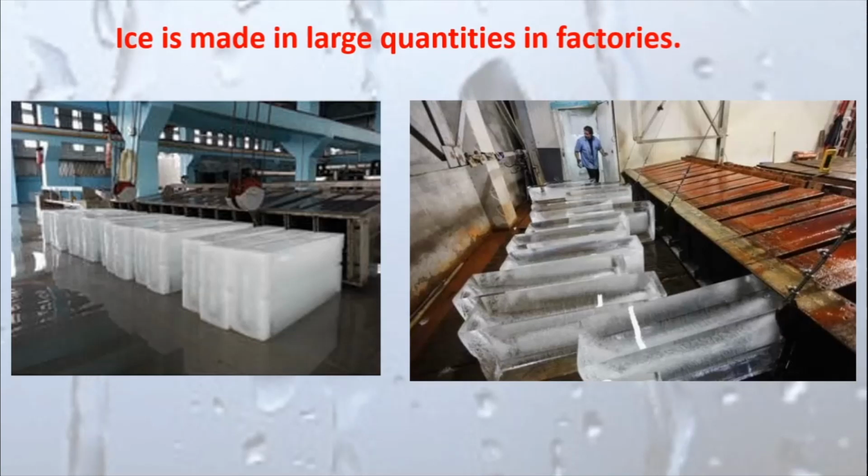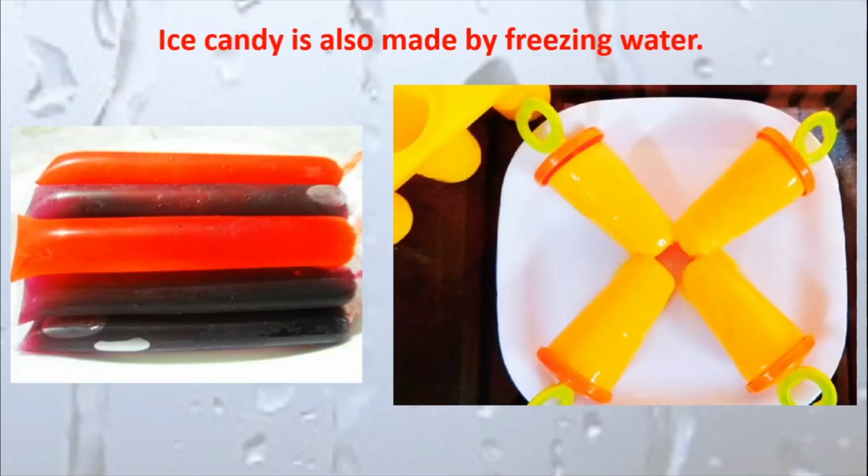Now let us see something more interesting made with ice. Have you seen this? All of us have eaten this, isn't it? On one side you can see the picture of a Pepsi Cola. Pepsi Colas are frozen water in which color and sweeteners, sugar, have been added, and it is put in plastic bags like this.